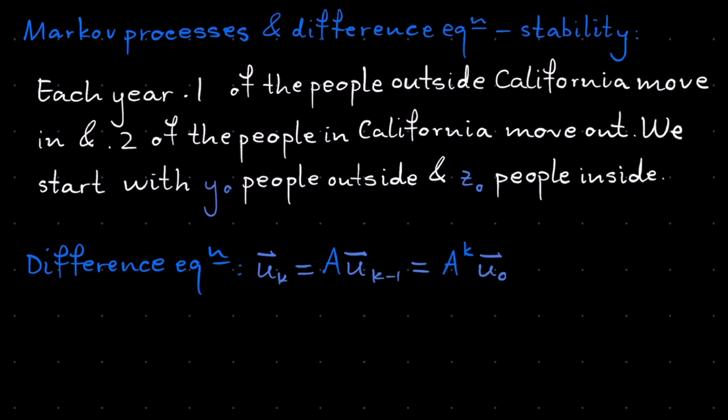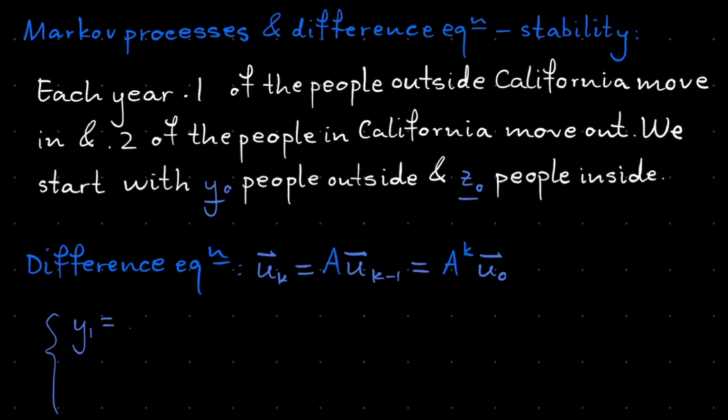Now, how can we represent this using a matrix system of equations? That's the most primitive method of deriving a matrix. What we have here is y1. Using this conversion, y1 is equal to the people outside of California after 1 year.